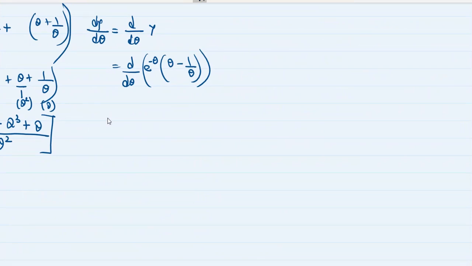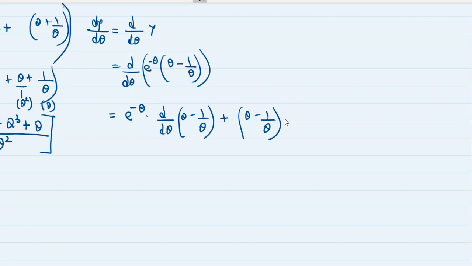Okay, so we have the product rule over here, which is first term multiplied by d by d theta of the second term, that is (theta minus 1) upon theta, plus the second term, that is (theta minus 1) upon theta, multiplied by the differentiation of the first term, that is e raised to minus theta.